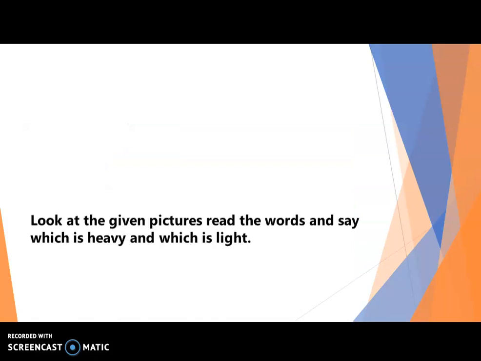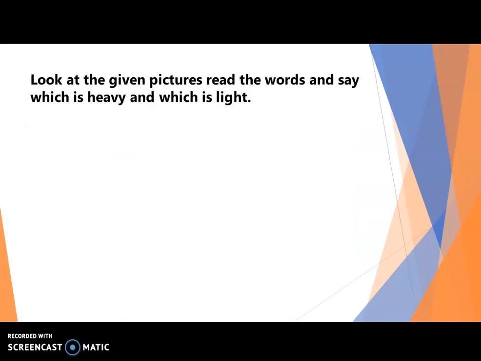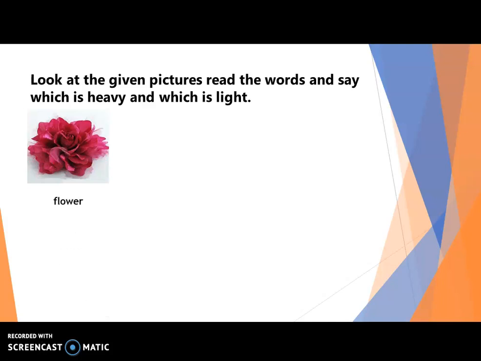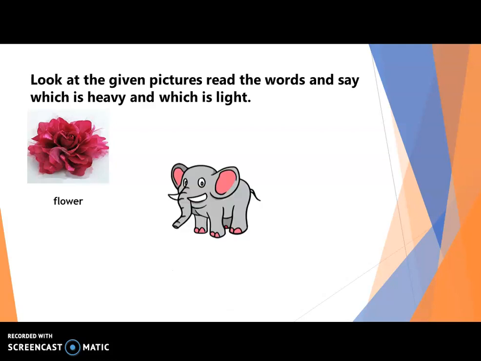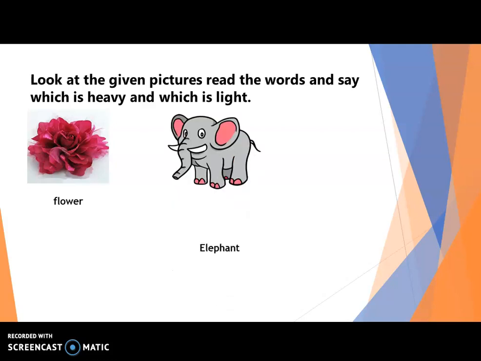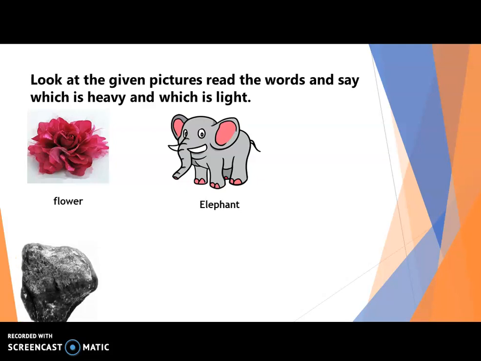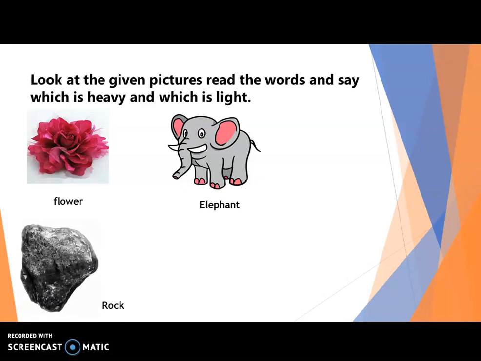And let's have another example. It says, look at the given pictures, read the words, and say which is heavy and which is light. We have here a flower. Next, an elephant. Next, a rock. And next, a leaf.